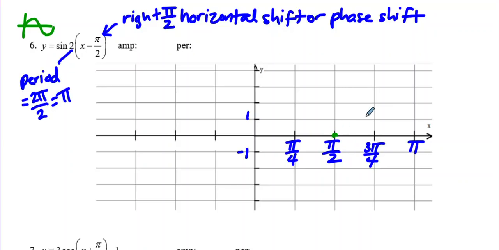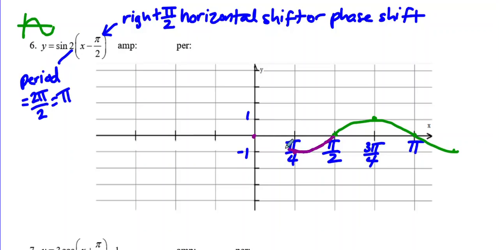So I have midline, up, midline, and then I've run out of room. So I need to go backwards. So here's part of my graph. The rest of it I know is going to continue over here, but I really am out of graph here. So I'm going to go the other direction, and I'm going to use a new color to show that I started right here, but now I'm just trying to finish at least a full period, if not more.